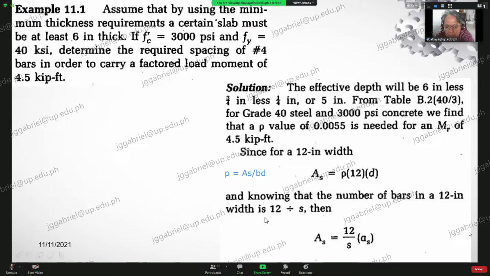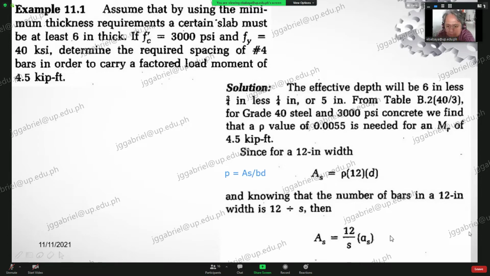It says, and knowing that the number of bars in a 12 inches width is 12 divided by s. s is the spacing of the bars. No? So 12 over s, that's the number of bars, times as. as is the area of one bar. Okay, so therefore, the total area of the reinforcement would be As.